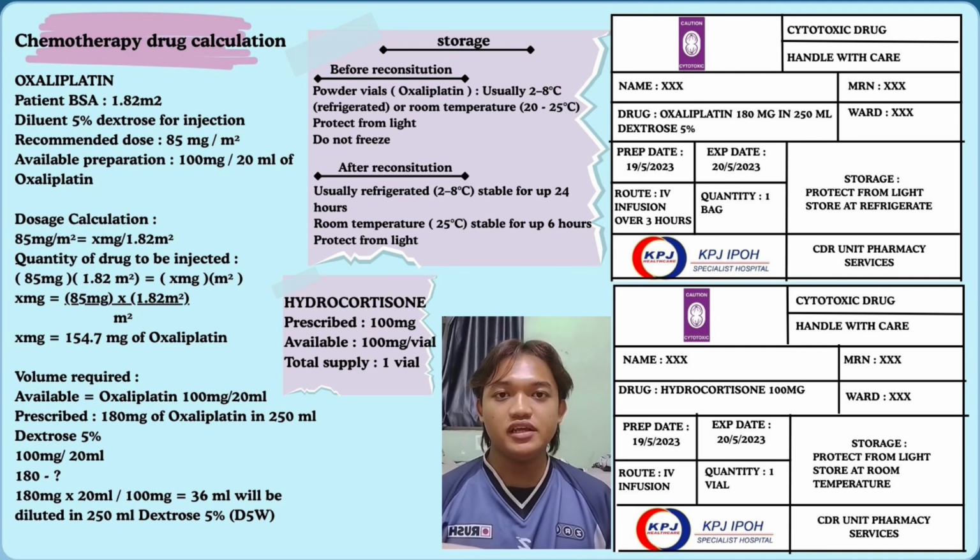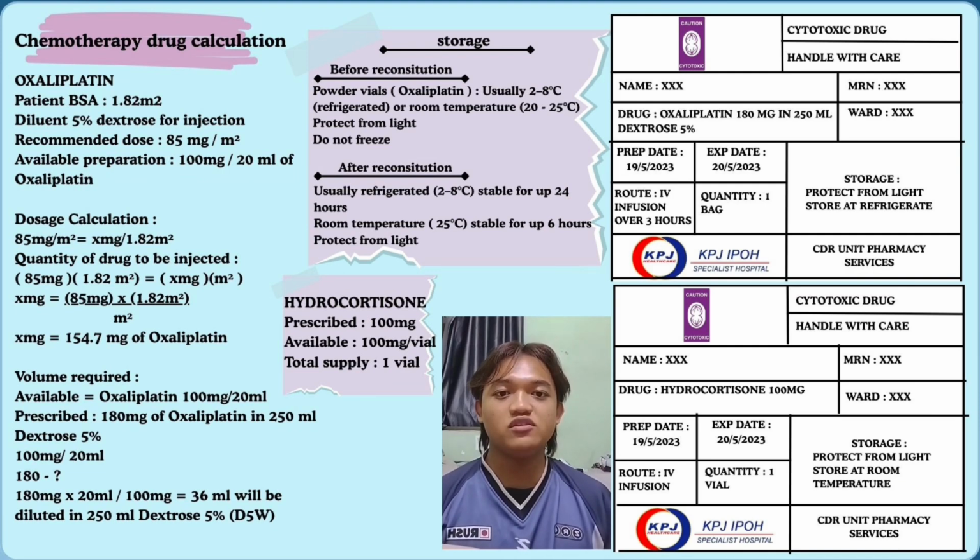Dosage calculation: 85 mg per meter square equals x mg per 1.82 meter square. Quantity of drug to be injected: 85 mg times 1.82 meter square equals x mg times meter square. X mg equals 85 mg times 1.82 meter square divided by meter square.